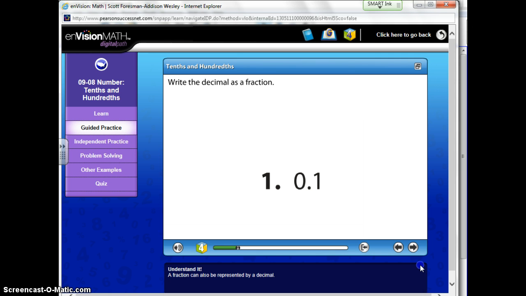How would we say this decimal? Sky? How do we say this? 1. What spot is it in? Say it again. Not the 1/10. Good work. How about this one? Kaylin? 2/100ths.